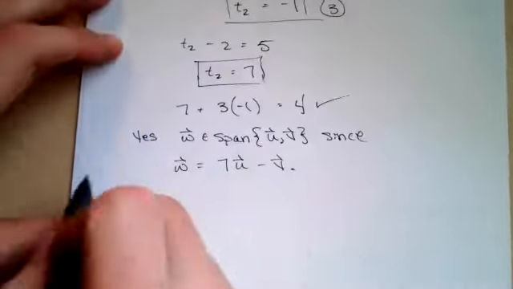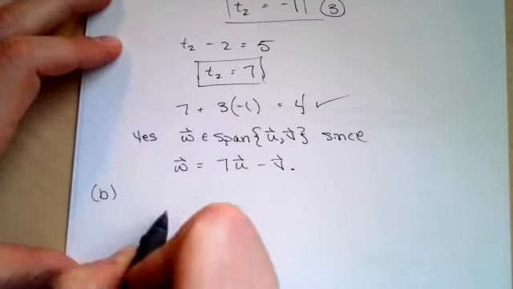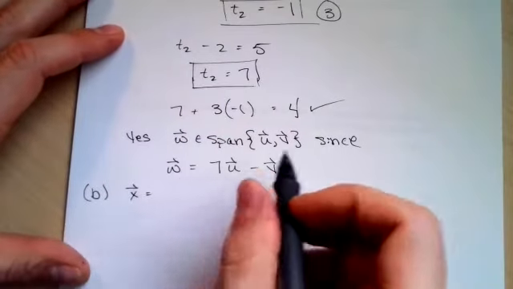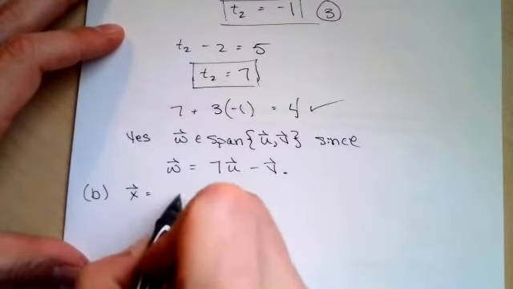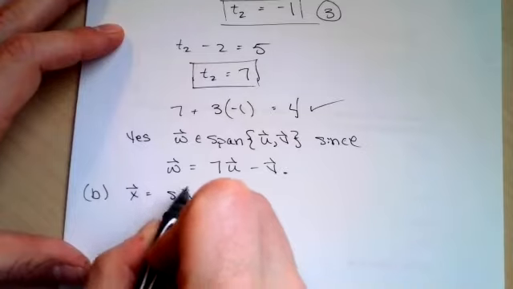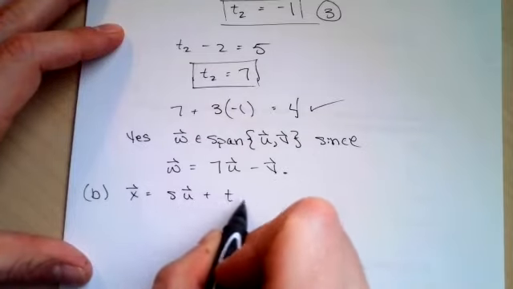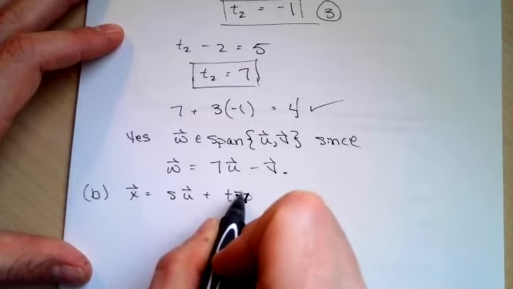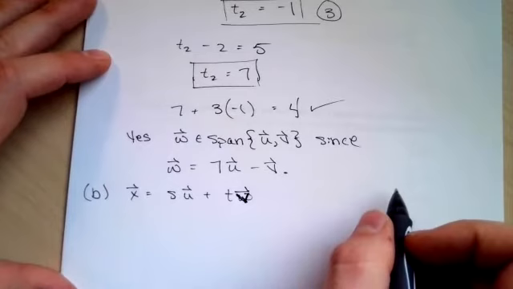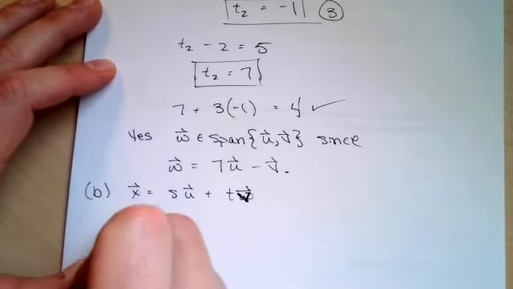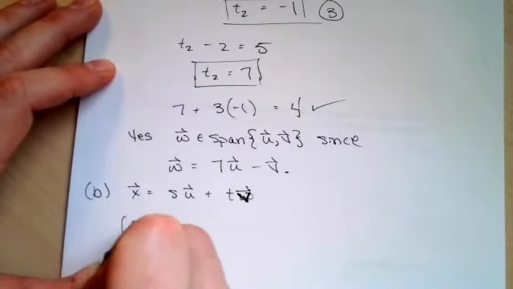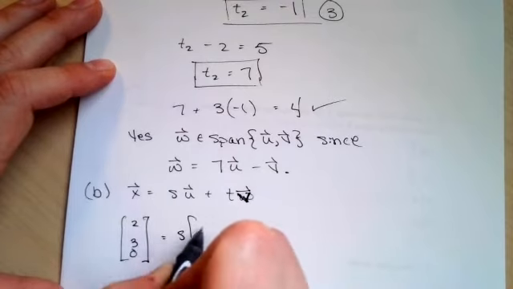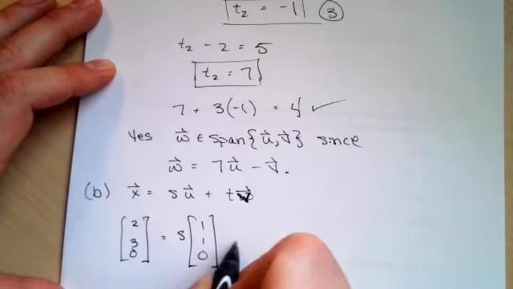To check our X vector, let's go ahead and use S and T for our constants in this solution. Sorry, that's a V. I keep making that mistake. And our X was 2, 3, 0. U was 1, 1, 0.